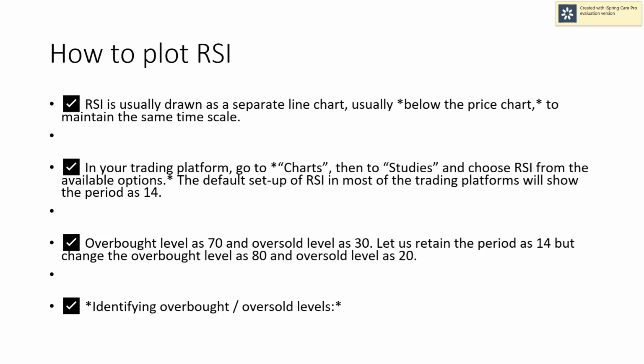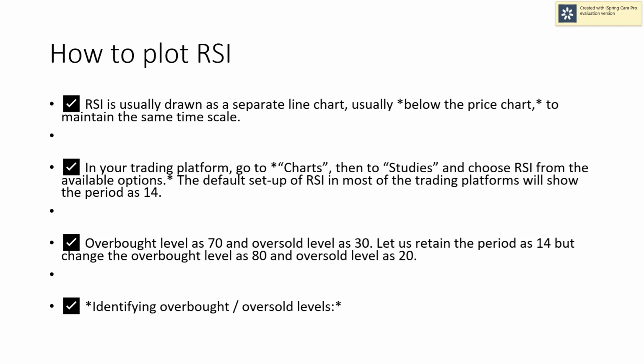Now, how to plot RSI? RSI is usually drawn as a separate line chart, usually below the price chart to maintain the same time scale. In your trading platform, go to charts, then to studies and choose RSI from the available options.